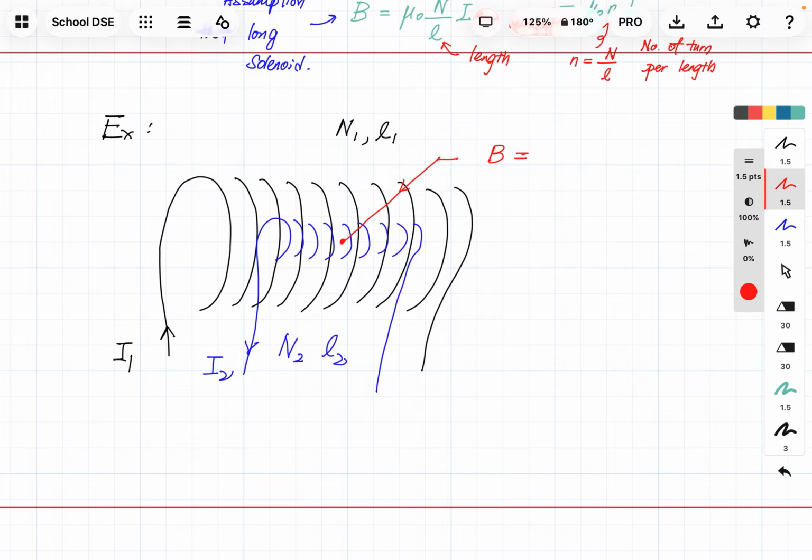I just call this the bigger diameter. Let's just call this R, and then call this small r.